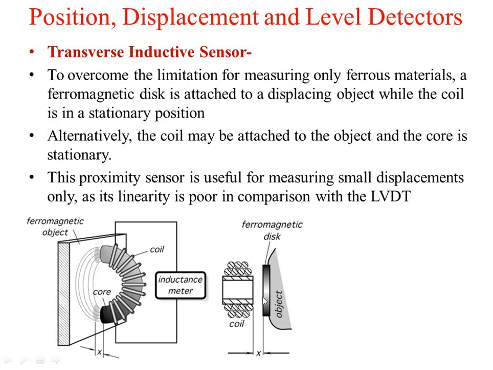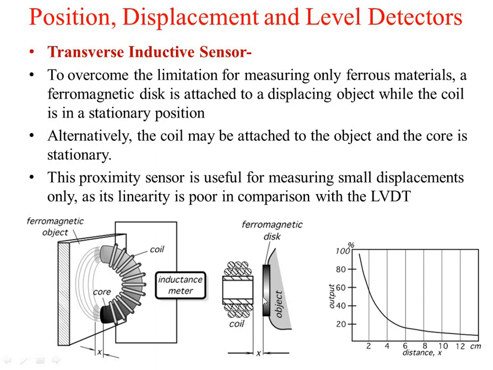The proximity sensor is useful for measuring small displacement, as the linearity is poor as compared to LVDT. So the linearity of this device is very poor as compared to LVDT. Here you can see, as the distance increases, the output will decrease very sharply.